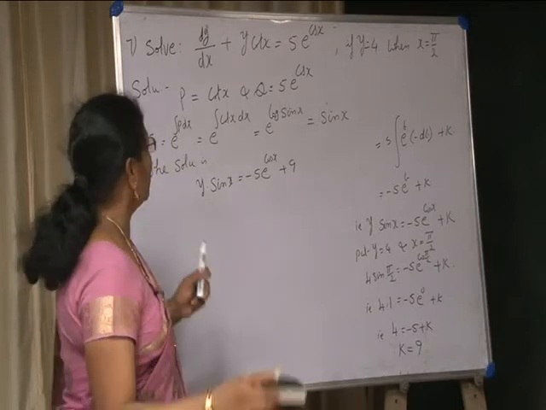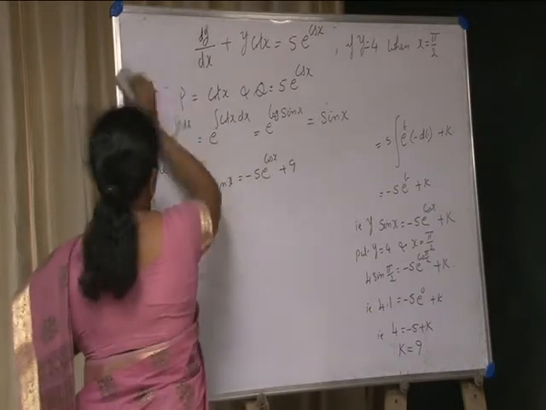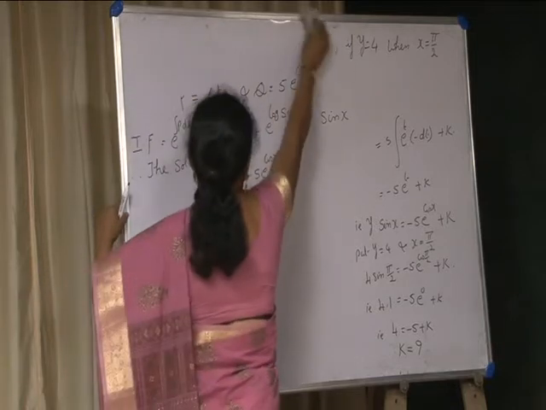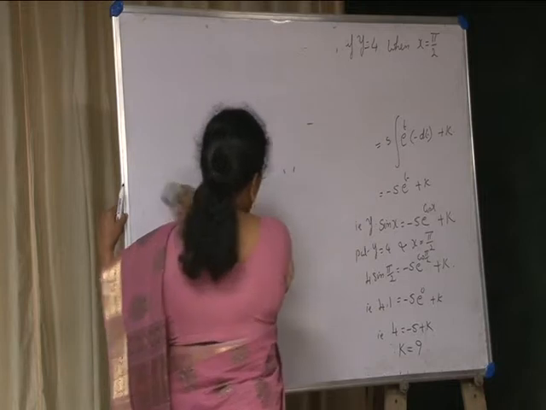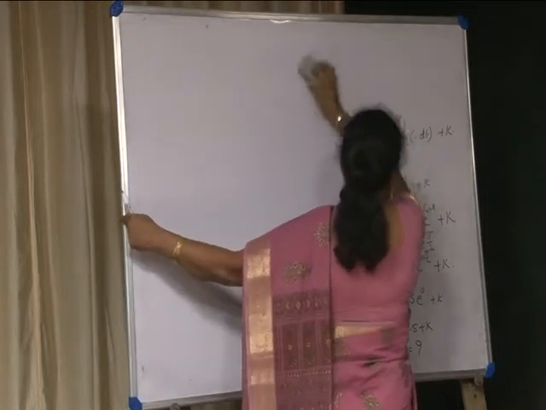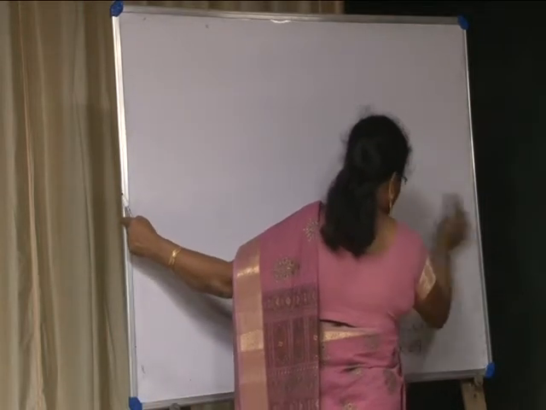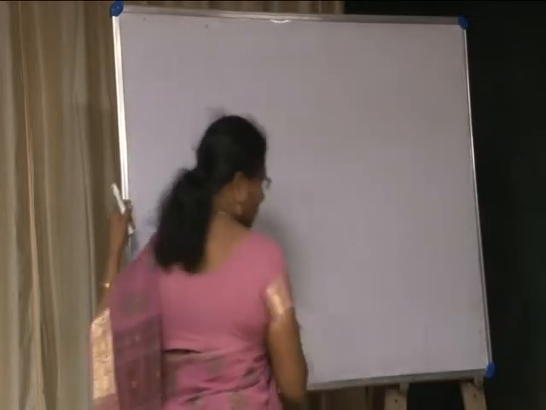Now we will see how to reduce the given differential equation into a linear equation; that is called Bernoulli's form of equation.